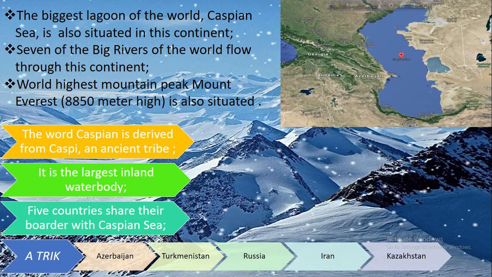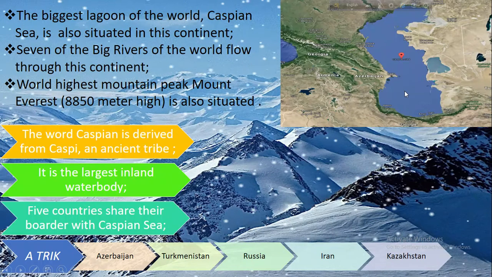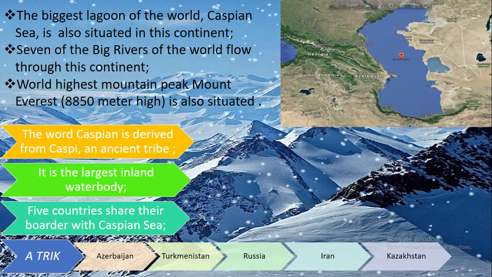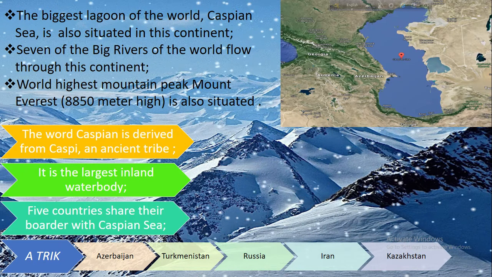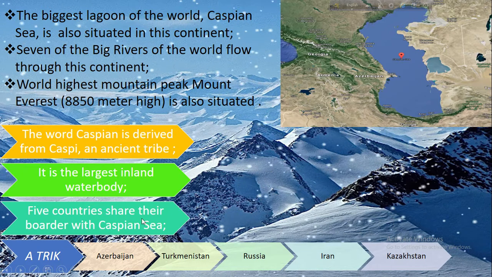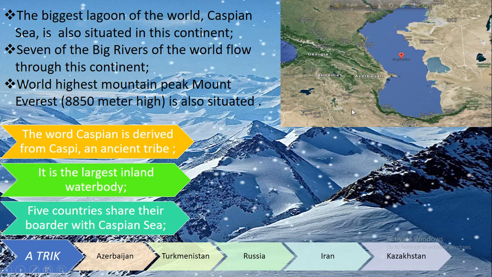Europe and Asia. Here one mentionable part of the Caspian Sea is that there is no discharge by any river. Water leaves the sea only by evaporation. And another important phenomenon is that 5 countries share their border with the Caspian Sea. And what are those?